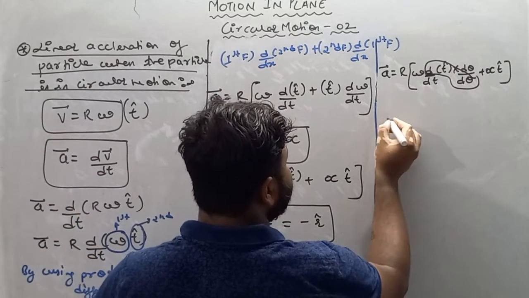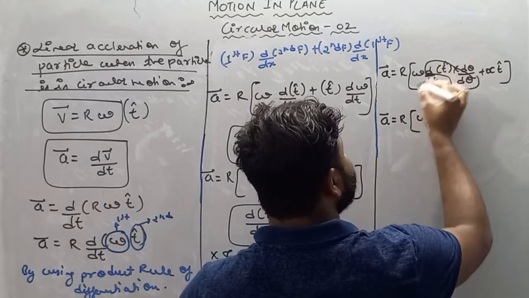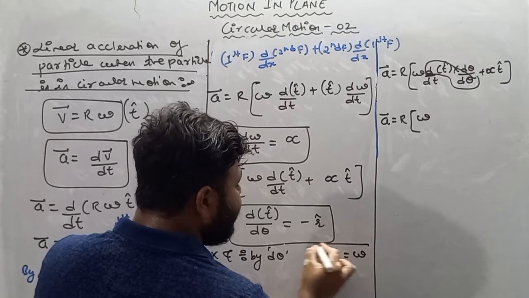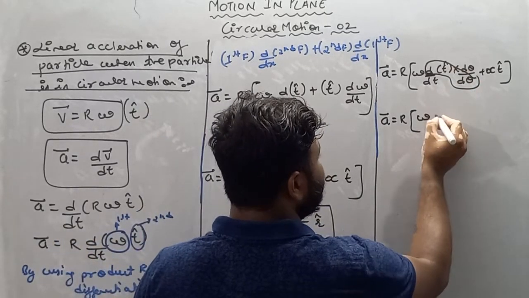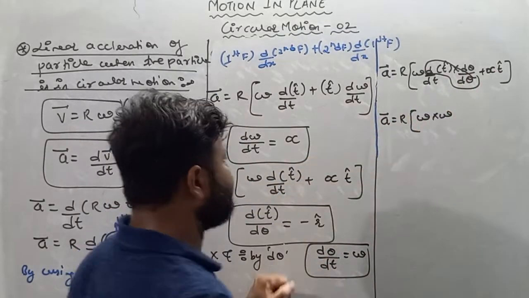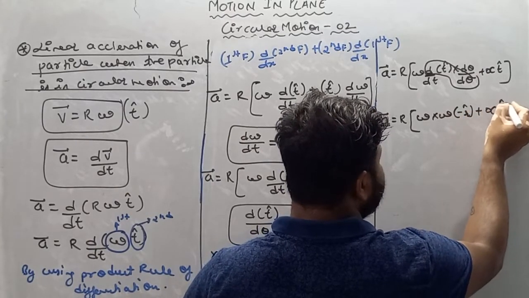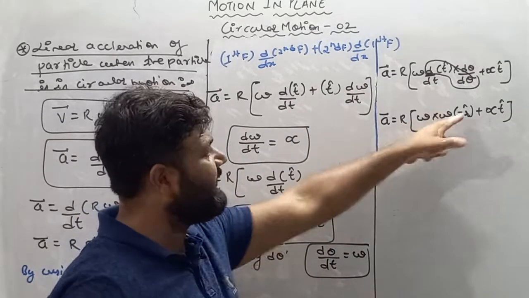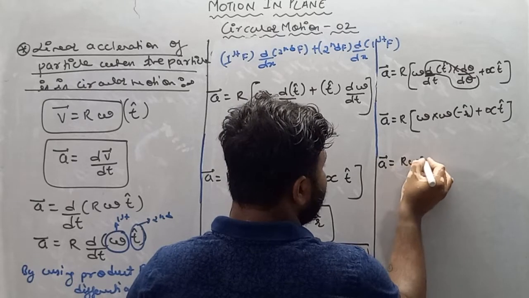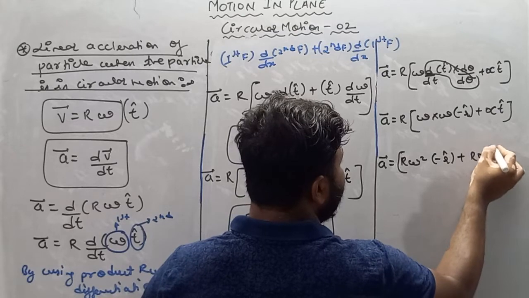So I'll write a vector is equal to r, omega is there, and d theta by dt. We know that d theta by dt is nothing but omega. So one more omega is there, and dt cap by d theta is minus r cap, so I'll write minus r cap plus alpha t cap. Multiply r in both terms. It is a vector is equal to r omega square minus r cap plus r alpha t cap.